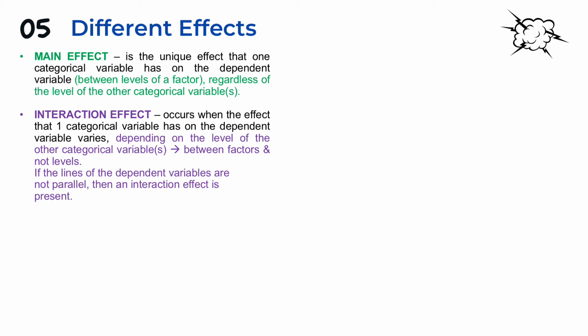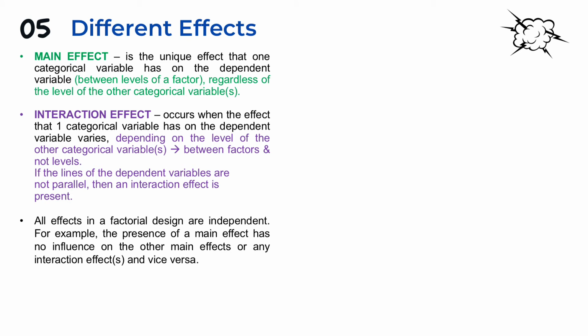So, how to know whether or not an interaction effect exists is based on the profiles of the data. If the lines of the dependent variables are not parallel, then an interaction effect is present. We'll have a look at this in the following examples later.